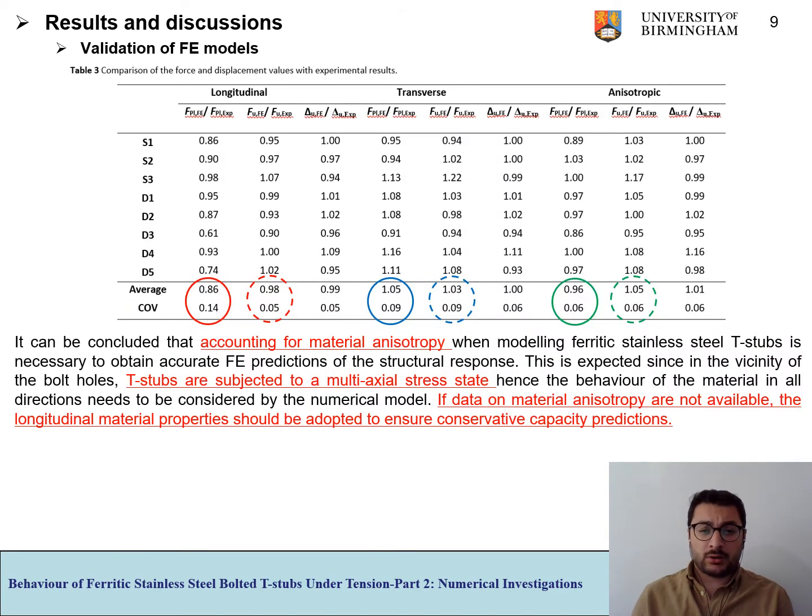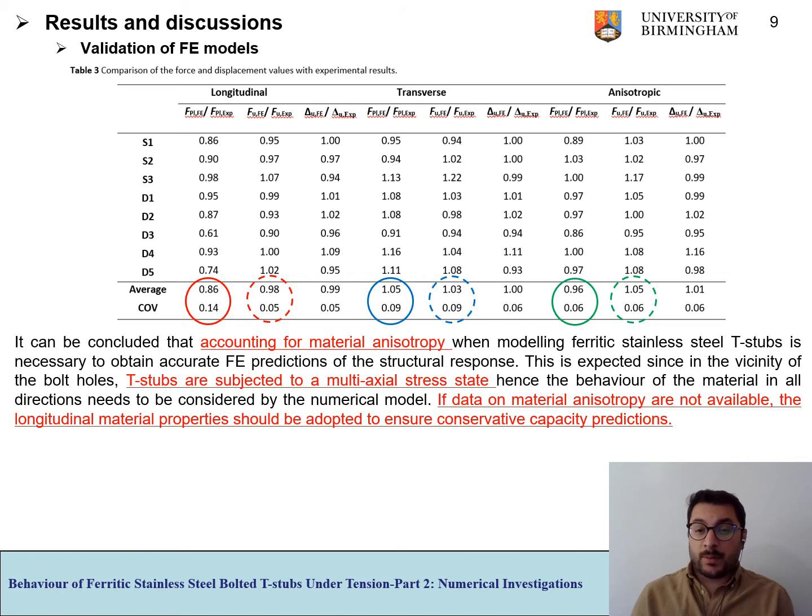So if we consider the plastic and ultimate force predictions, it can be concluded that accounting for the material anisotropy when modeling ferritic stainless steel T-stubs is necessary to obtain accurate finite element predictions of the structural response, especially for plastic resistance. If the data on the material anisotropy are not available, the longitudinal material properties should be adopted to ensure conservative capacity predictions.